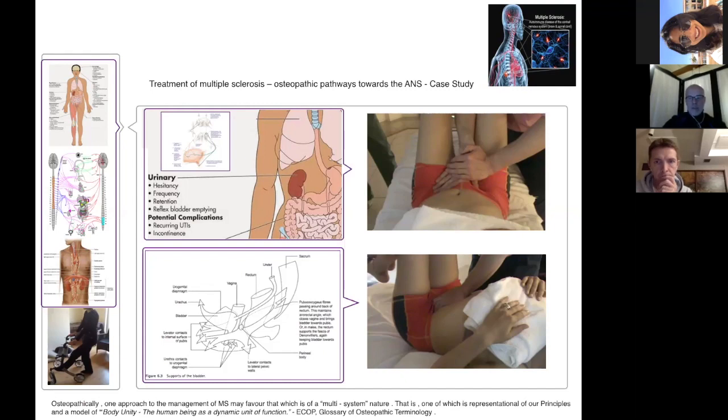So this is not an A to B of how to do it. This is just working within certain parameters, certain viscera, certain components of the symptom patterns, and how we can potentially facilitate functionality there, if we can.